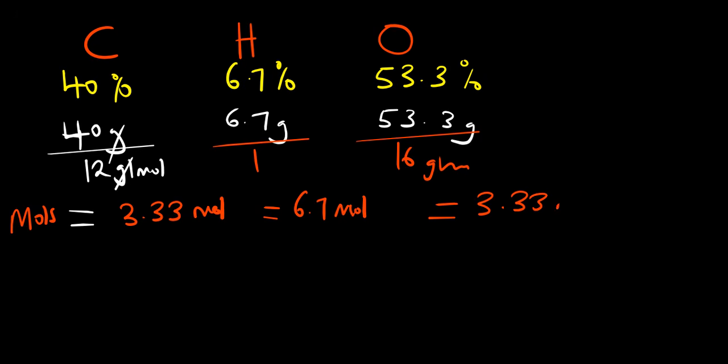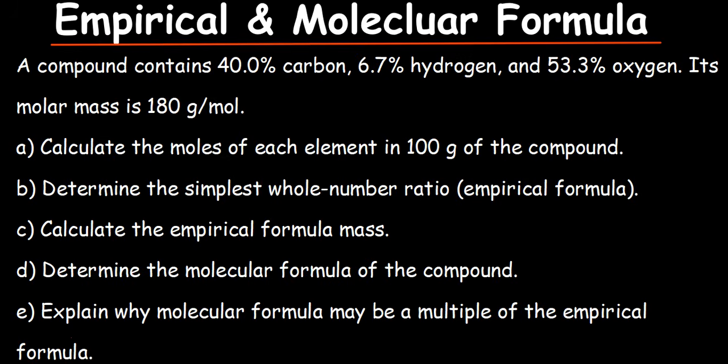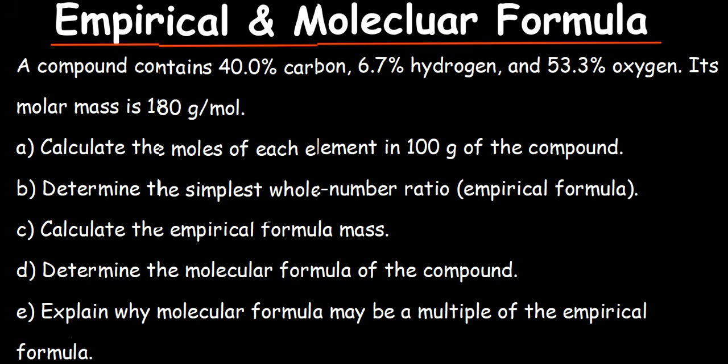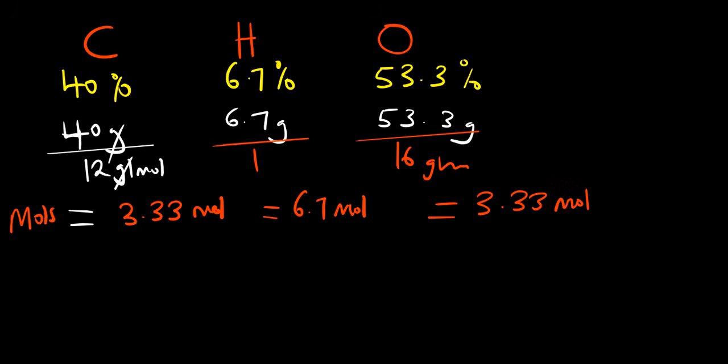Okay. I think the question is just asking us to find the moles: calculate the moles of each element in 100 grams of the compound. So these are the moles. We found 3.33, 6.7 and 3.33 again.